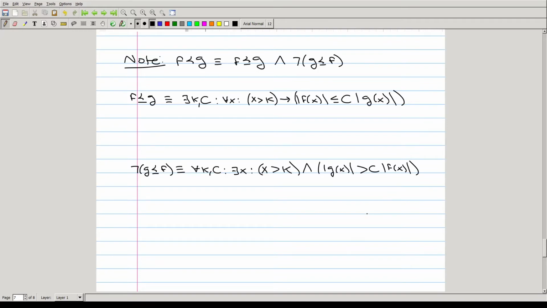We can see this in a relatively straightforward manner: this is the definition of f is dominated by g, which means that, equivalently, there exists a k and a c such that for all x, x is less than or equal to k, which is the negation of this statement, that the absolute value of f of x is less than or equal to c times the absolute value of g of x.